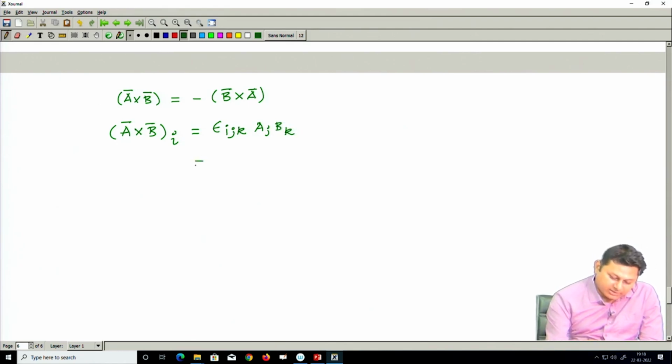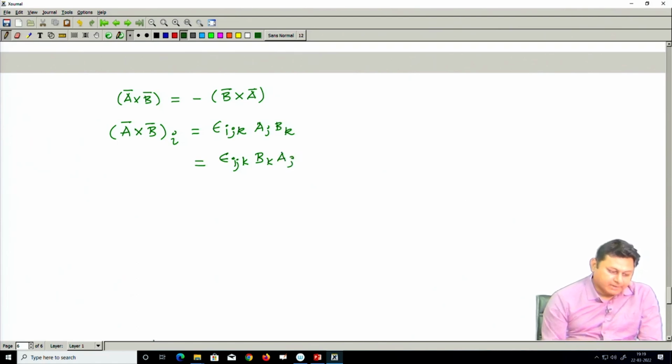Now, I can manipulate this right hand side. Let us write epsilon ijk B k A j. Now, I can change k to j and j to k.